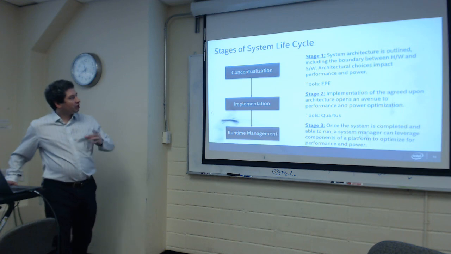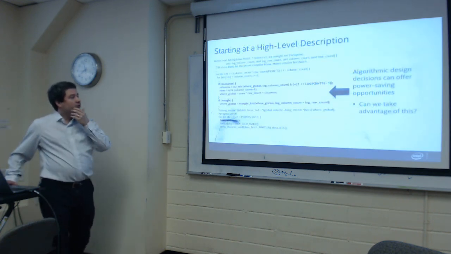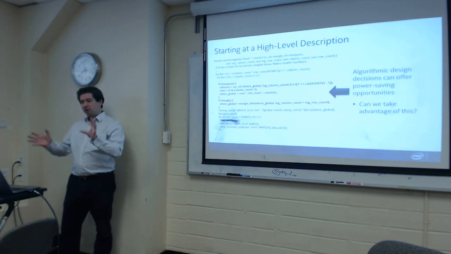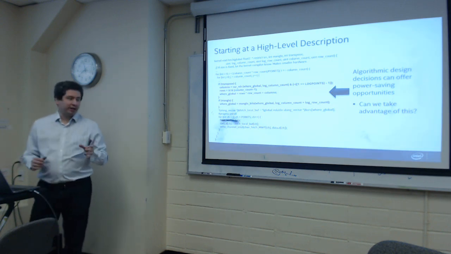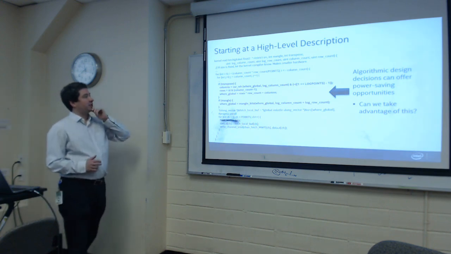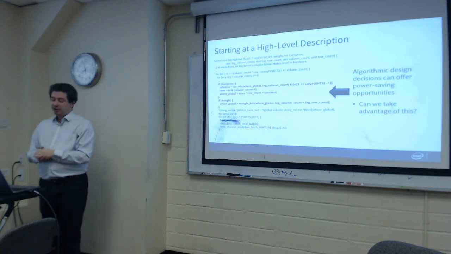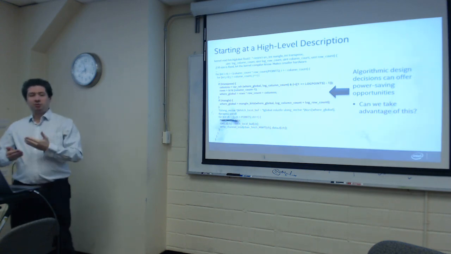Okay, so now if you look at each of those three spaces, the question becomes, what could you do? What I wanted to do is give you an overview of some of the things that you could try out. Starting at the conceptualization level, one of the things I would mention is that we do have, today, high-level design tools. What do they bring to the table?